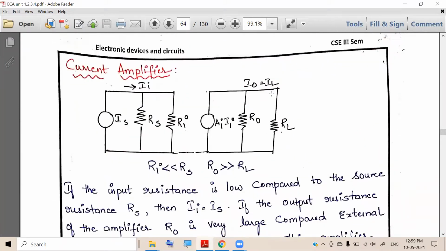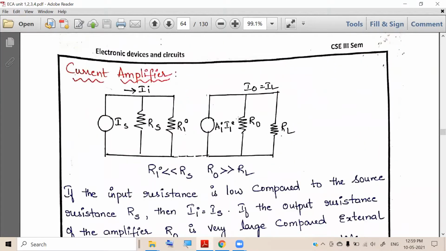We can represent it by a current source with a parallel resistance. Now the current that comes here has to pass to the load without loss. Means this resistance has to be much greater than RL.